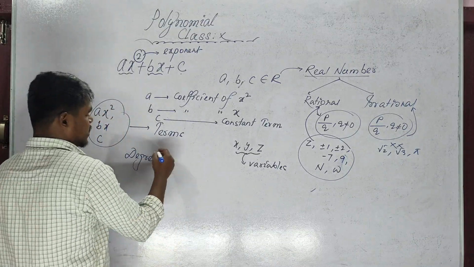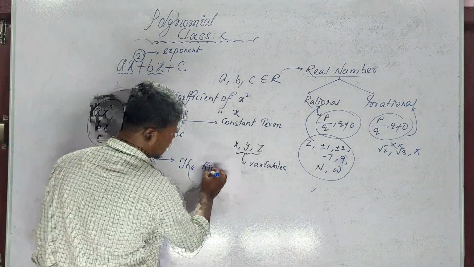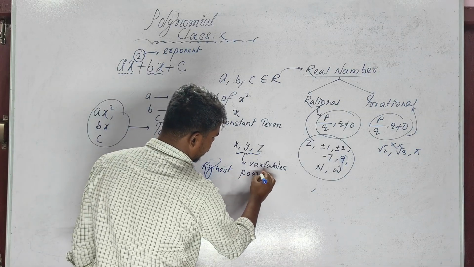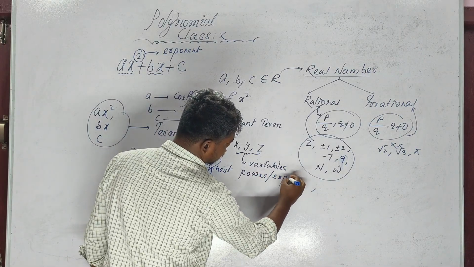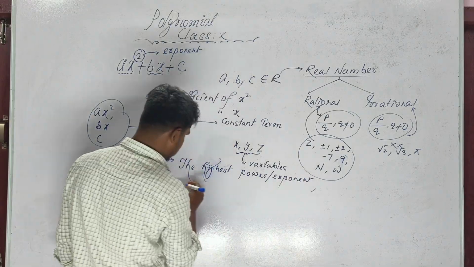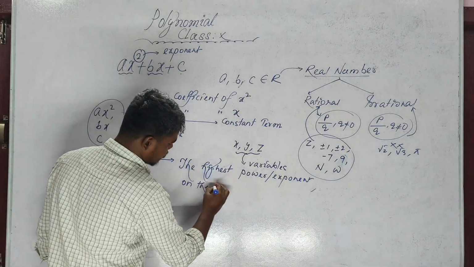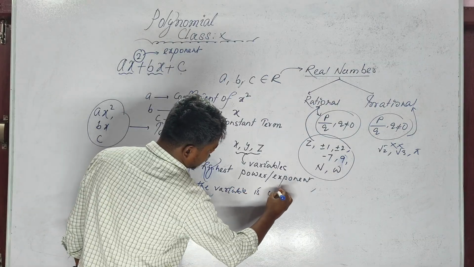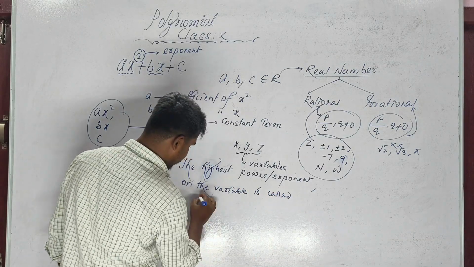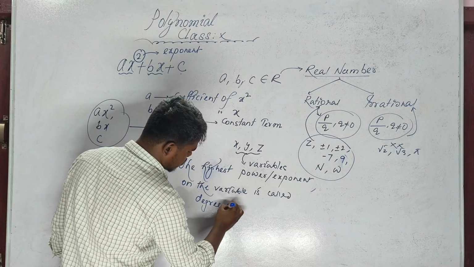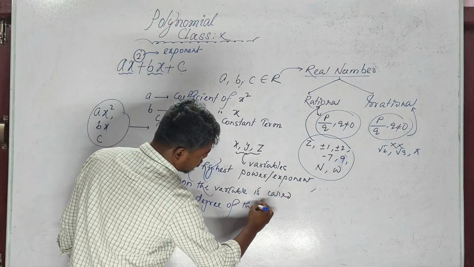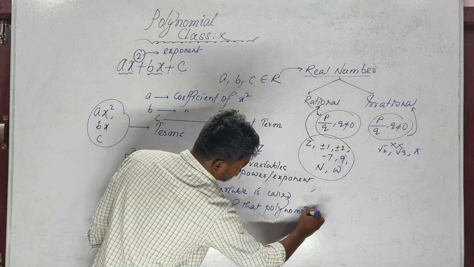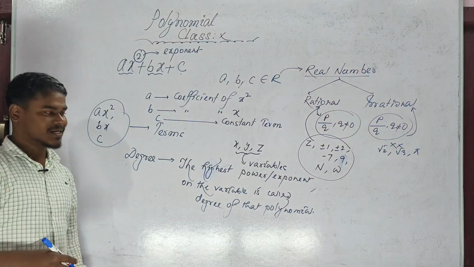Degree means the highest power or exponent on the variable is called the degree of that polynomial, right?